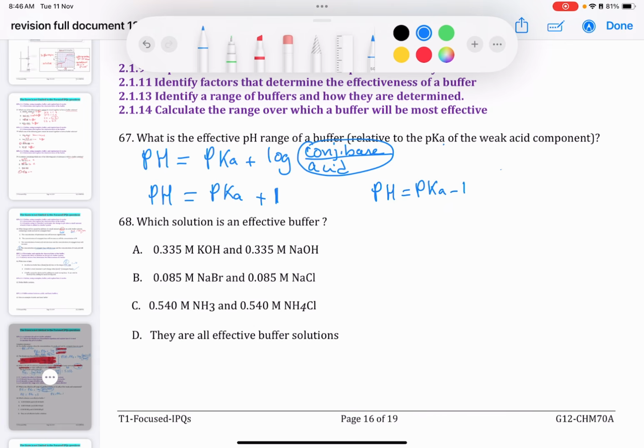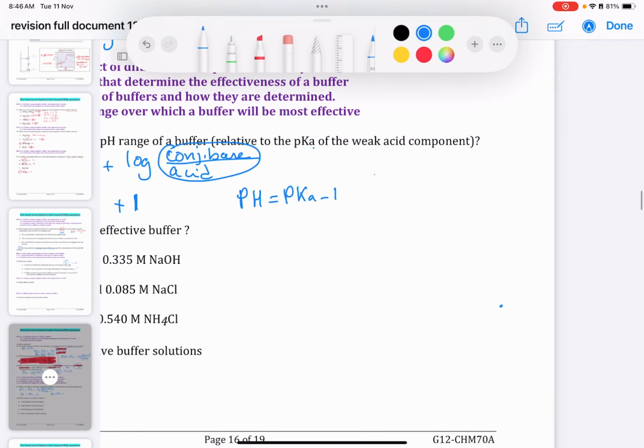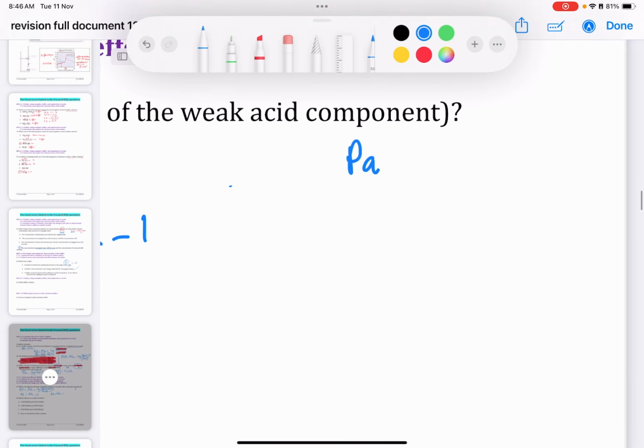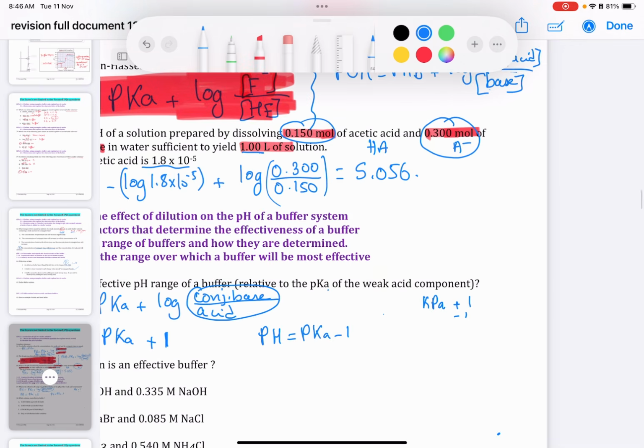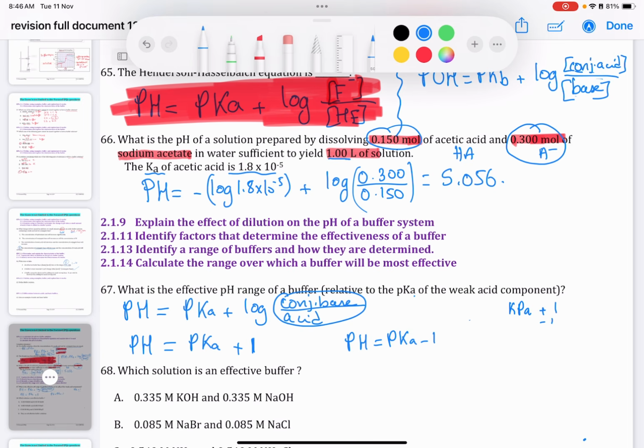So whenever they give you the pKa of the buffer, you take it, and you will say that this is included in an interval of +1 and -1. So if I took the previous question, our pKa that we calculated, 1.8 times 10 to the power negative 5.